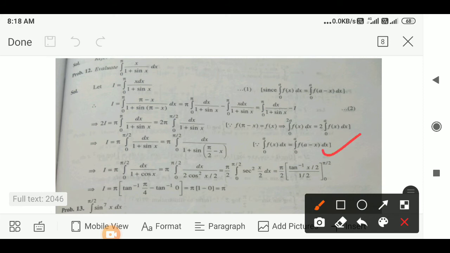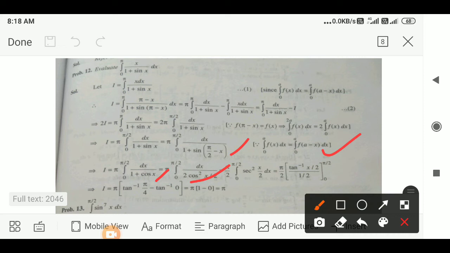Now again using integral 0 to a of f(x) dx is equal to integral 0 to a of f(a minus x) dx. This formula is used again, we get I is equal to pi times integral 0 to pi by 2 of dx upon 1 plus sin of pi by 2 minus x. So dx upon 1 plus cos x. And now 1 plus cos x is 2 cos square x by 2.